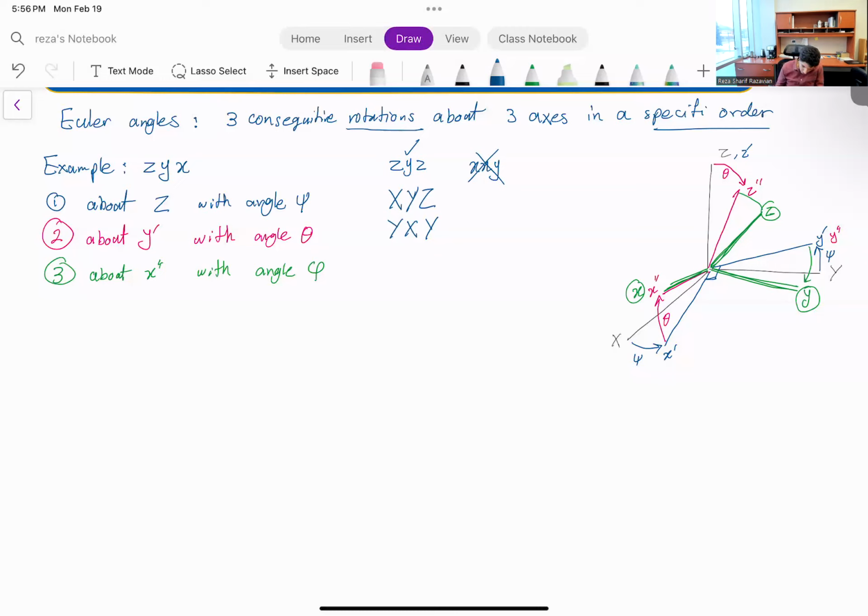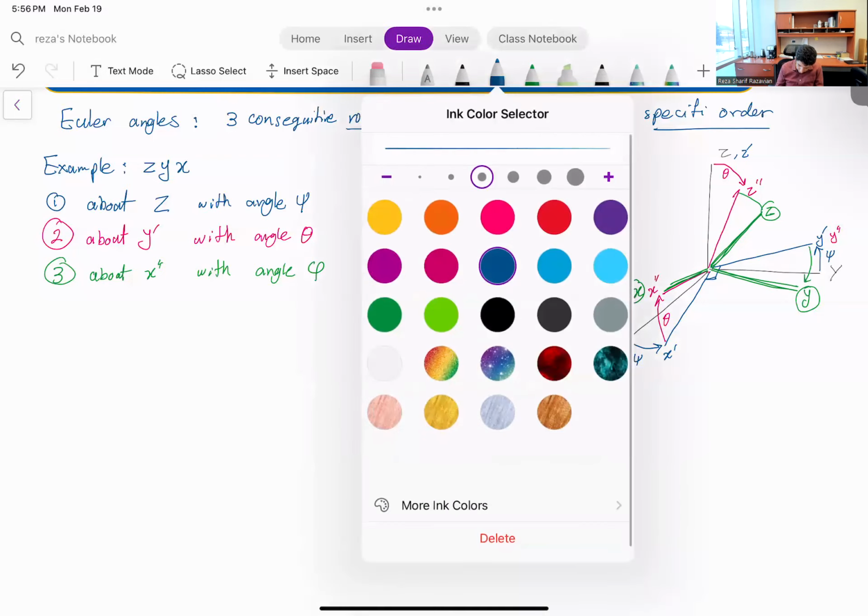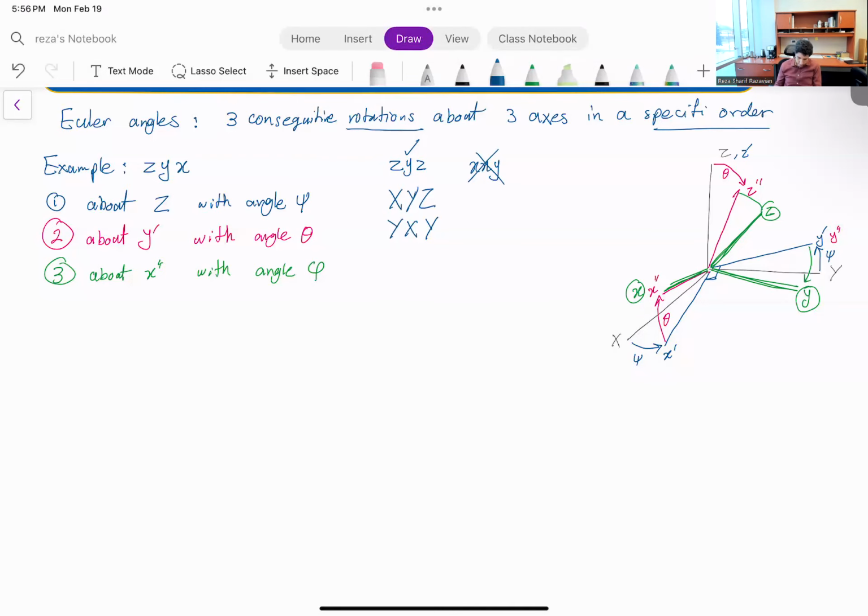So just continuing on this example, let me be complete. Euler angles are very easy to work with. First of all, you have a nice interpretation of the numbers as rotation angles. And it is mathematically easy to work with because you know these rotation matrices.